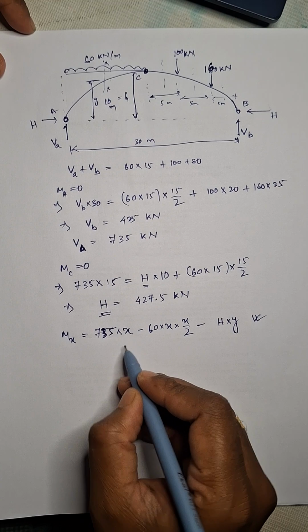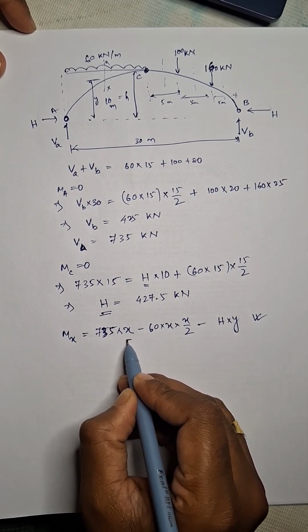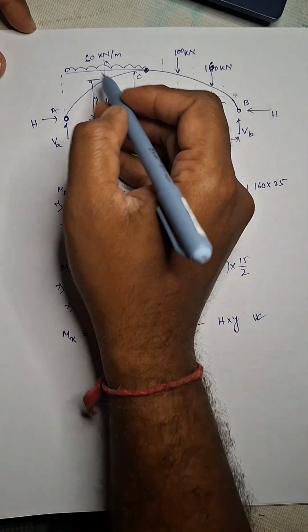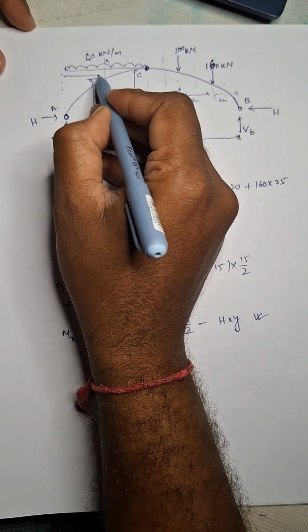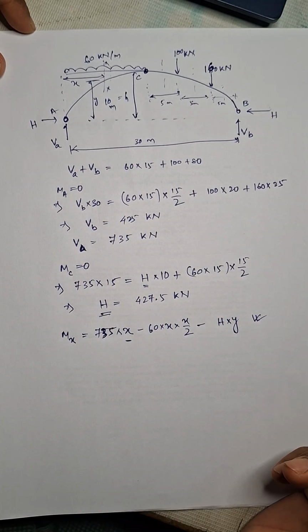Now this will be the bending moment at any cross section. If in the question we are told to find the bending moment at a distance x, and the x value is given, then we can find the bending moment at that cross section.